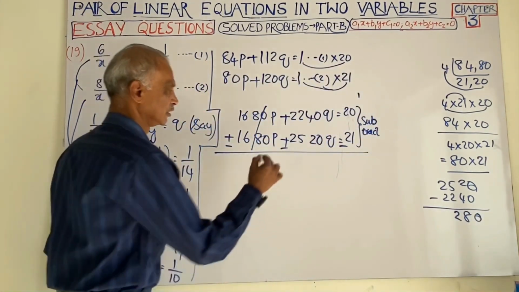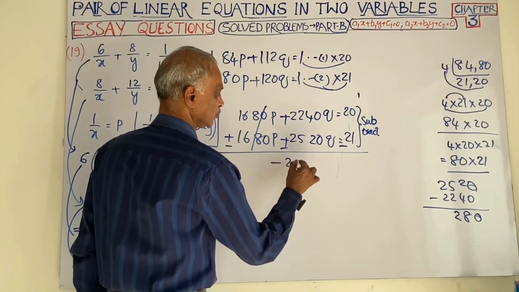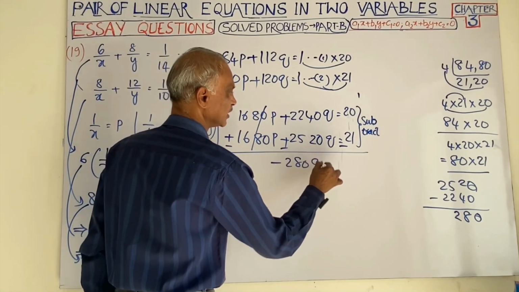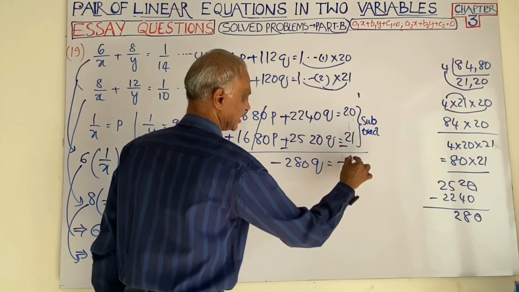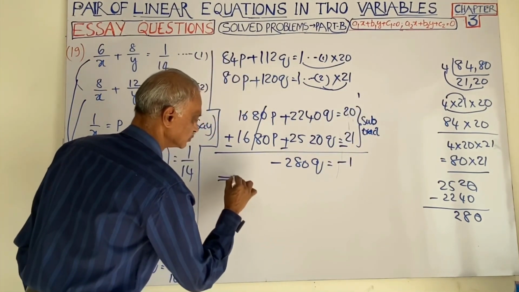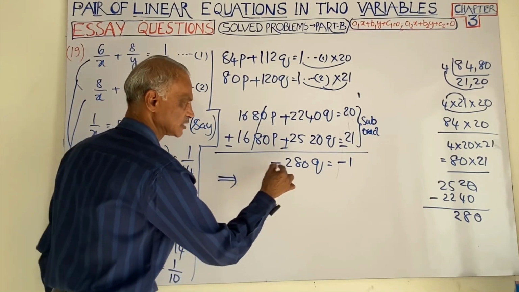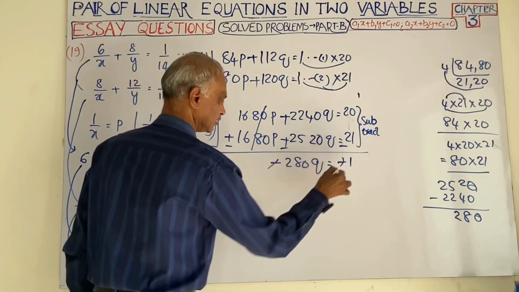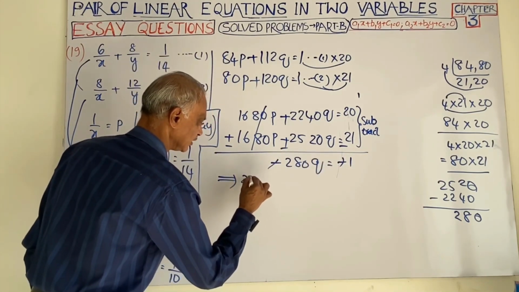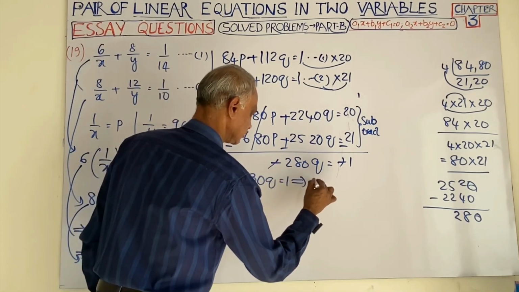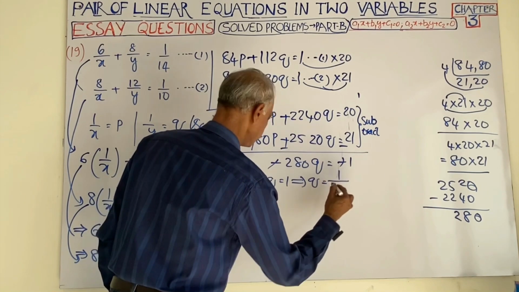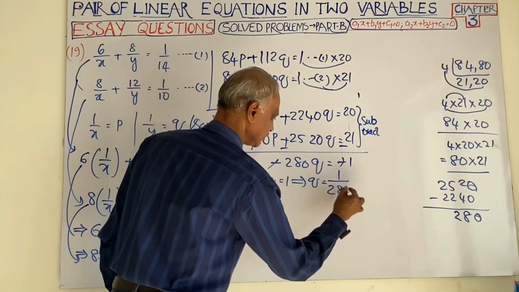You are getting minus 280q is equal to 20 minus 21, minus 1, and you will have minus minus cancel. 280q is equal to 1, and you will get q is equal to 1 by 280.